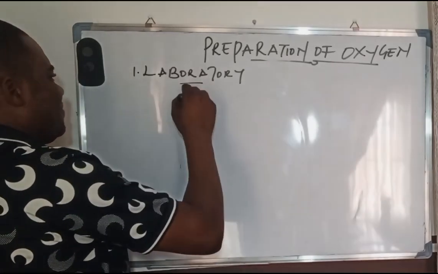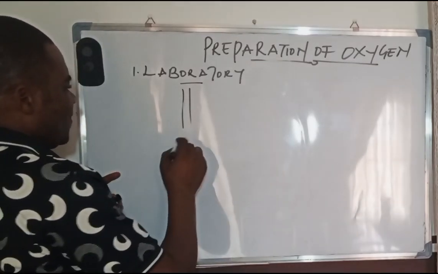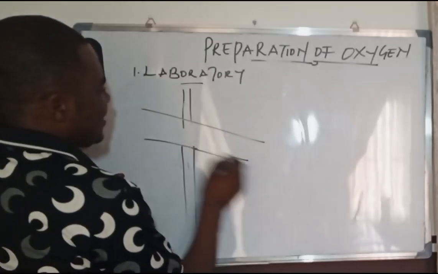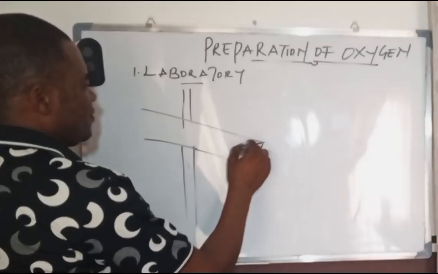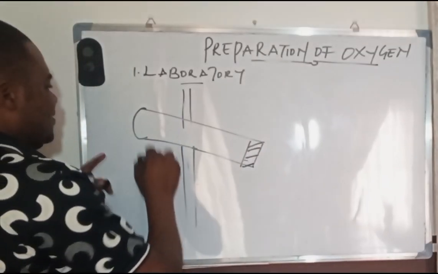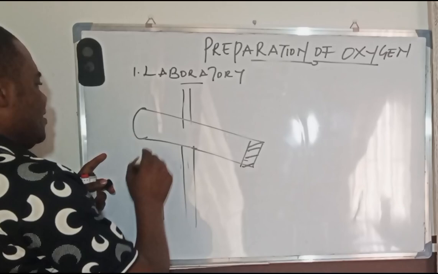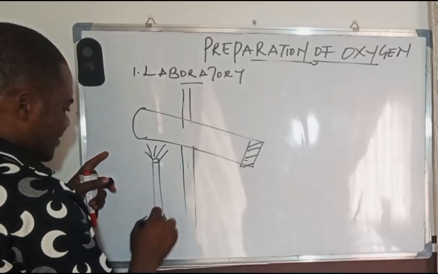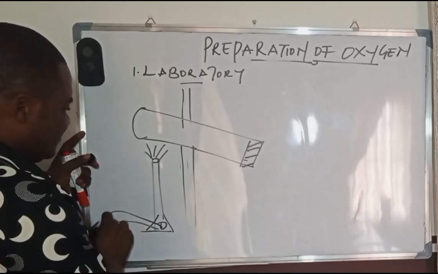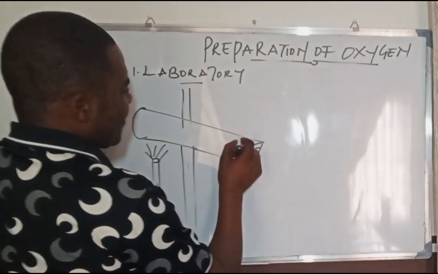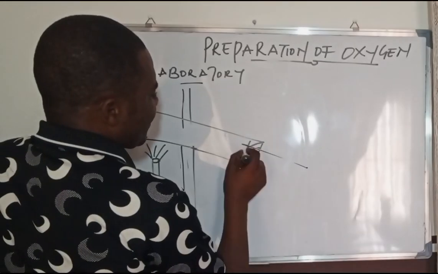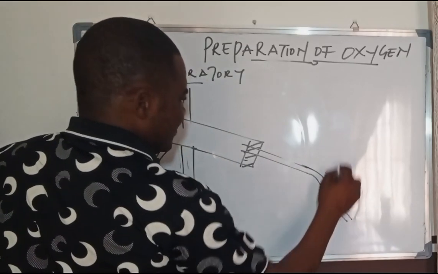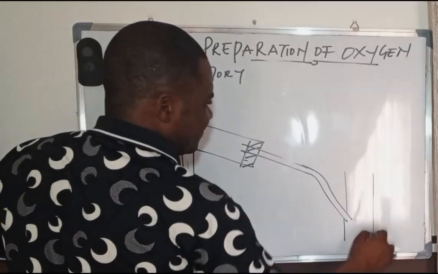So this is a clamp, this is a clamp, and this is a test tube. This is a test tube, this is heat that comes in, and then down here we have a delivery tube that delivers the gas down here.